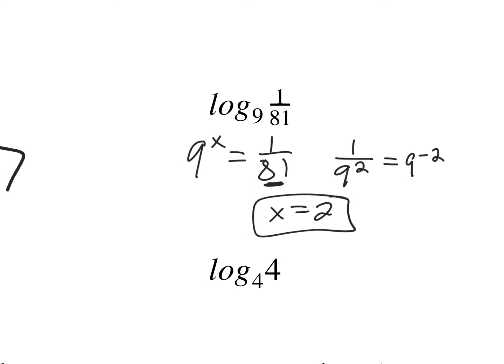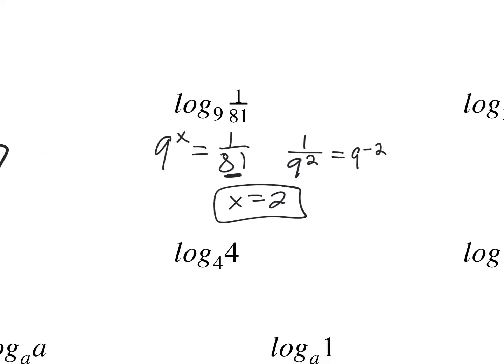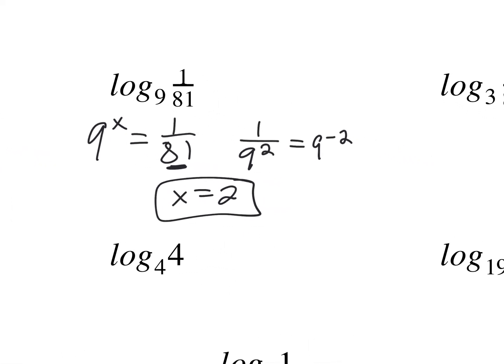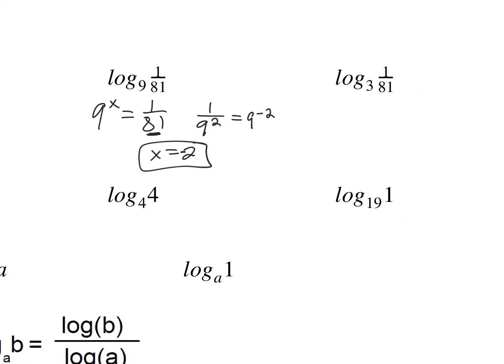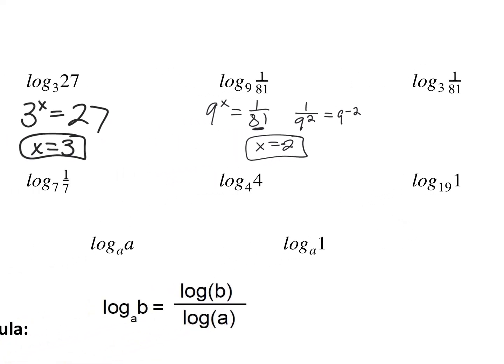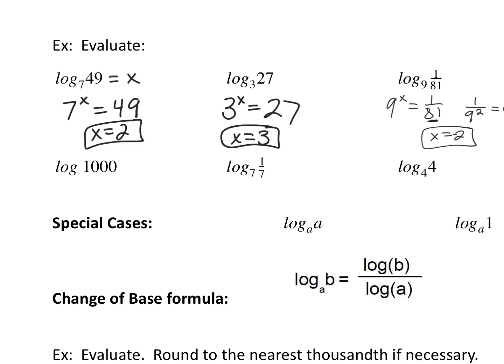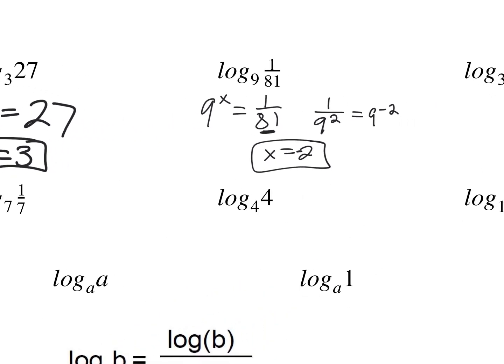Okay, that's just one of those rules. You don't have to have it memorized. If that doesn't make sense to you, you're going to get to use a calculator, so don't worry about it. But that is one of those rules, okay? x is -2.